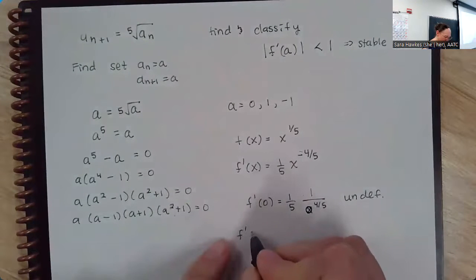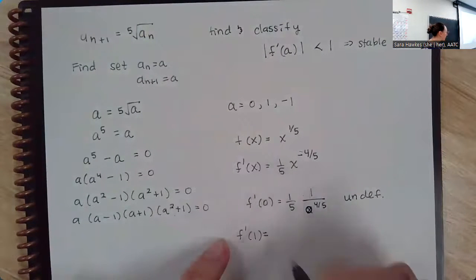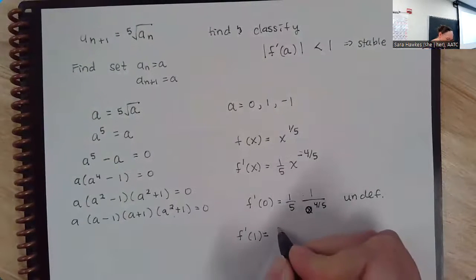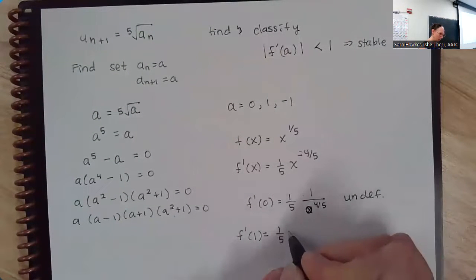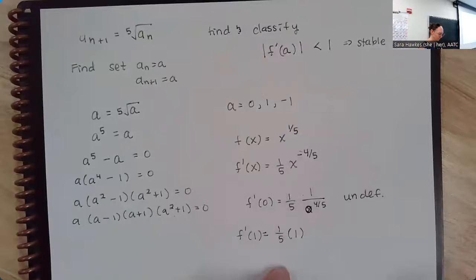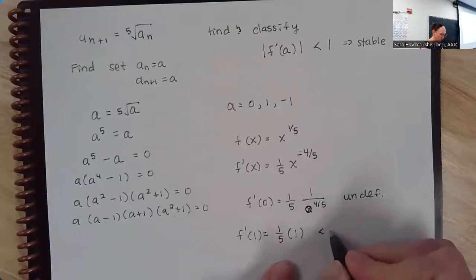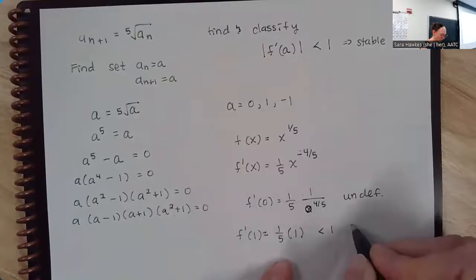If I look at f prime of 1, I've got 1/5. 1 raised to any power is 1. So f prime of 1 is just 1/5, which is less than 1, so we're stable.